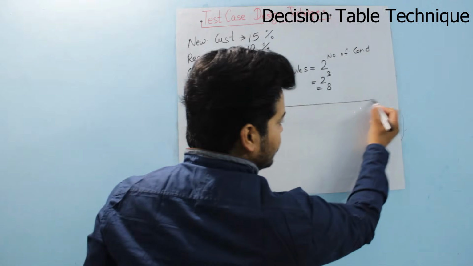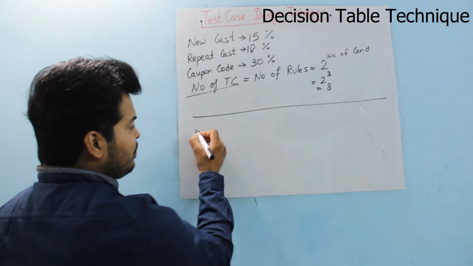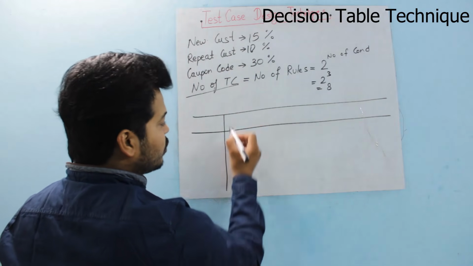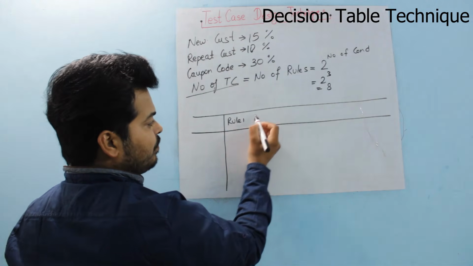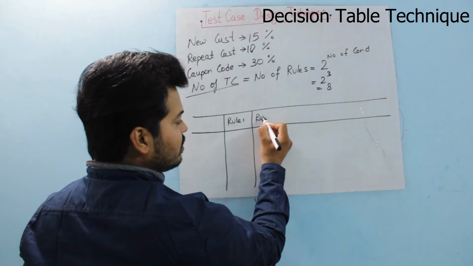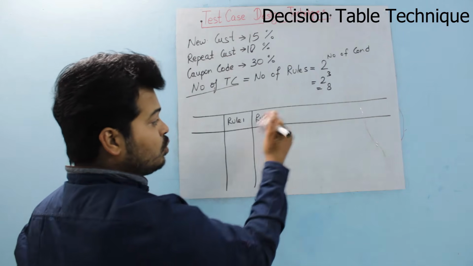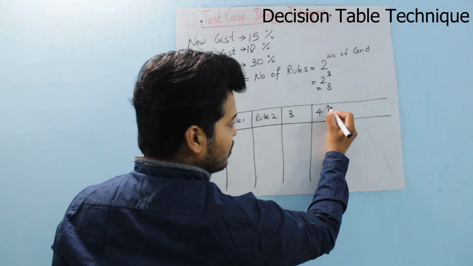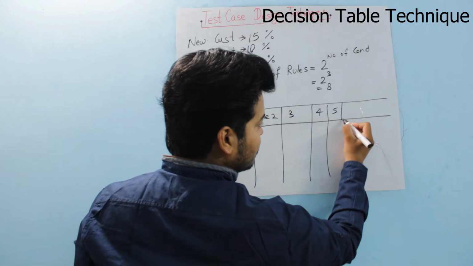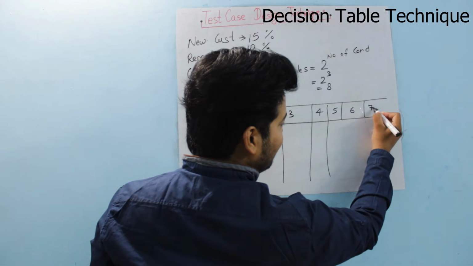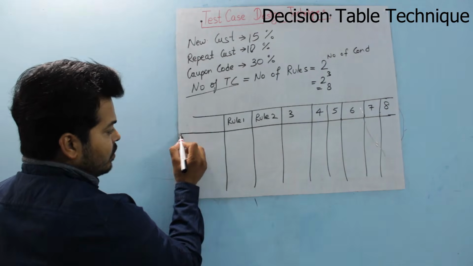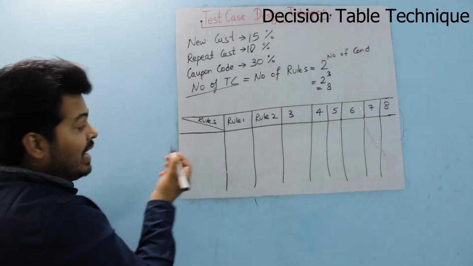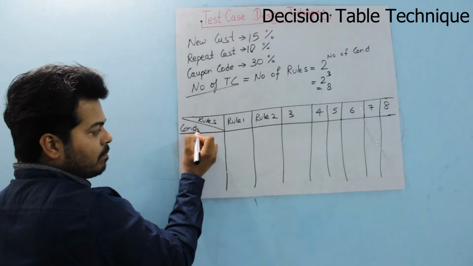How? You have to write this in the form of a table, where this will be your rule number 1, this will be rule number 2, similarly 3, 4, 5, 6, 7 and 8. So this is nothing but your rules, and now here you will write conditions.